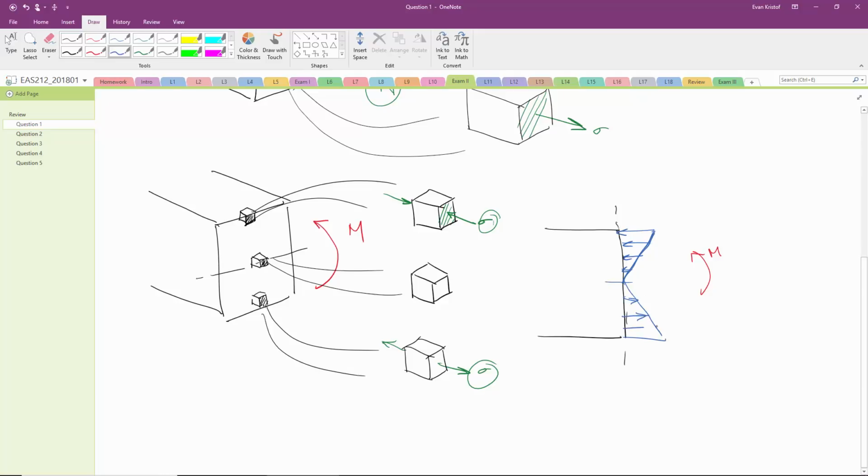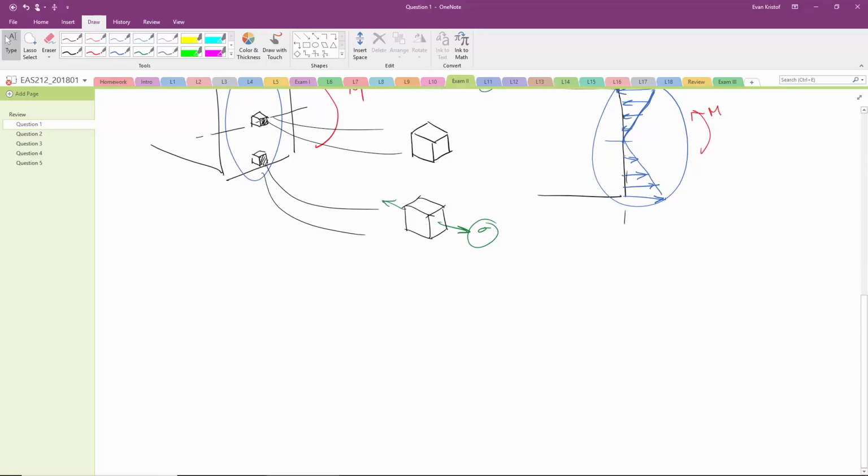At the bottom, I have linearly increasing normal stresses in tension. So this kind of plot is showing it continuously. These kinds of plots on the left are really showing them for individual discrete elements. Either way is totally fine from a visualization standpoint.